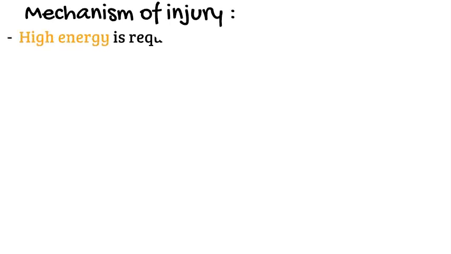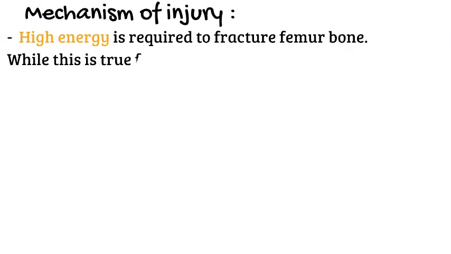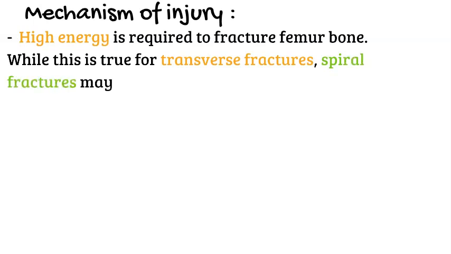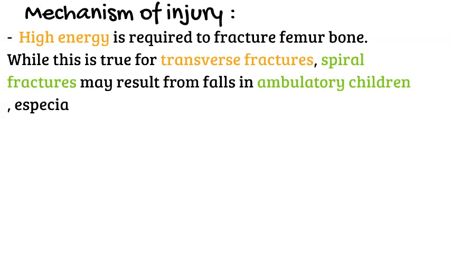Mechanism of injury. High energy is required to fracture a femur bone. While this is true for transverse fractures, spiral fractures may result from falls in ambulatory children, especially when they occur with a rotatory force.